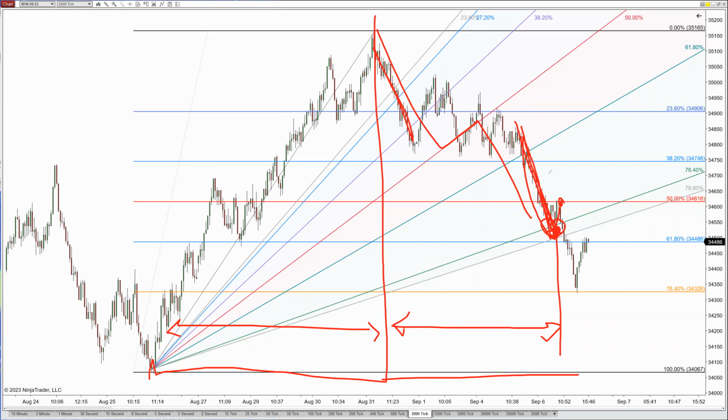So if it's actually slowing momentum, that's better than if it's gaining momentum. So in this case, what I was really just using this for was just for timing the continuations on the downside. And what you'll see is that the 76.4% retracement holds perfectly as far as support goes.